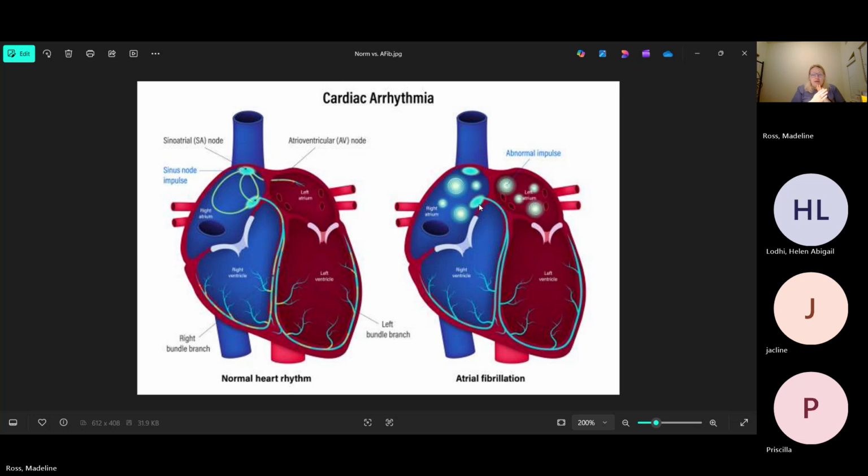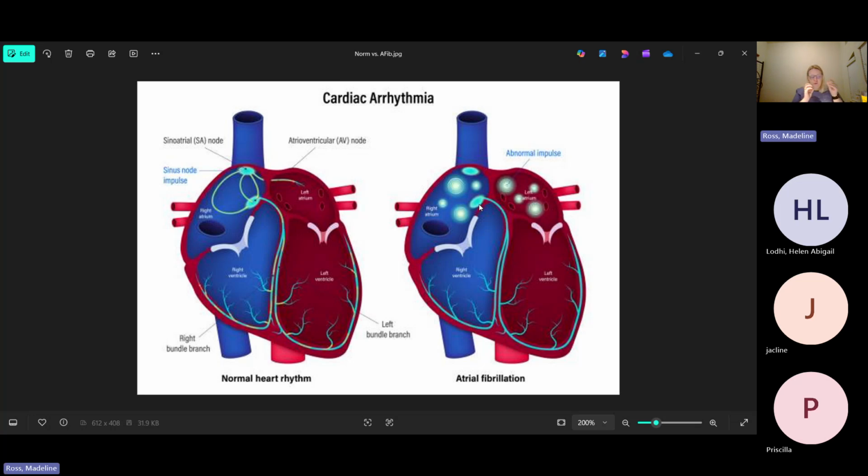So basically, you get these little bundles of cells that shoot off electricity, and so instead of having one normal rhythm where that SA node sends off that pulse and it goes through the normal pathways, you have little stimulations all over.